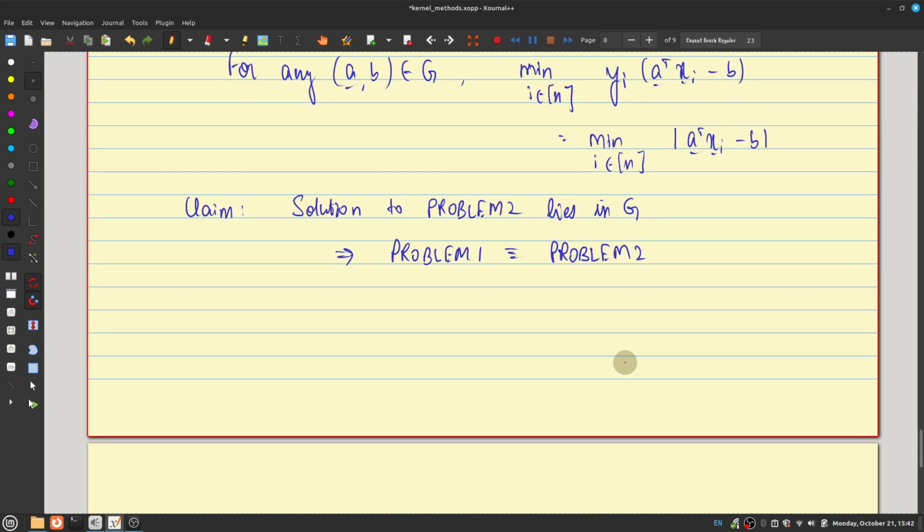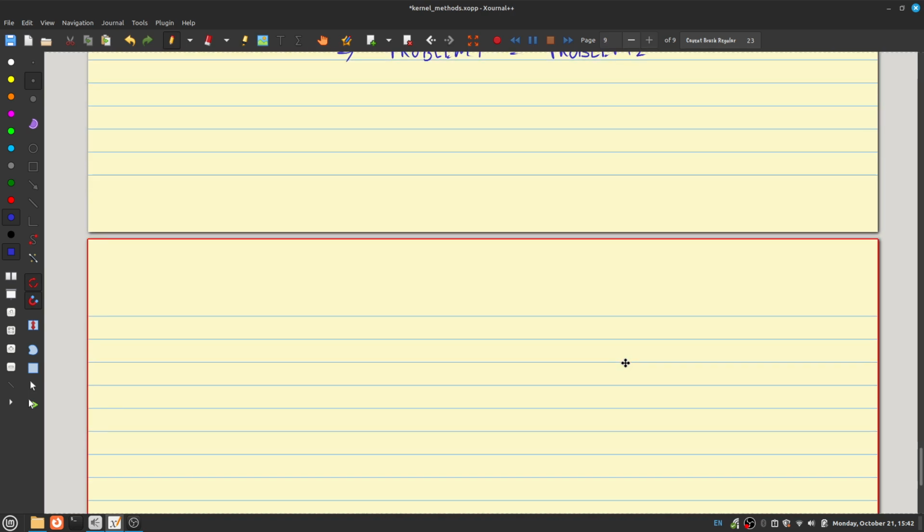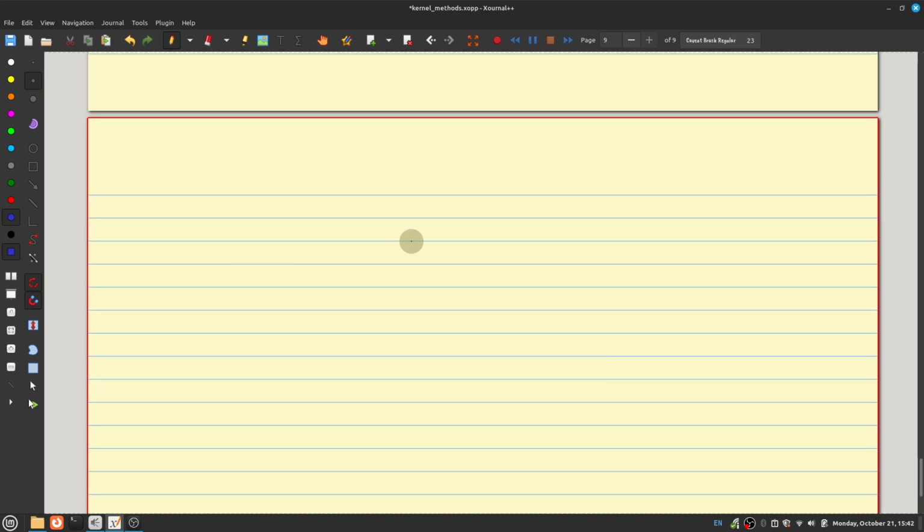So problems 1 and 2 are equivalent. Any questions? Now I'll introduce another problem, problem 3, which I'll call hard SVM, SVM standing for support vector machine.